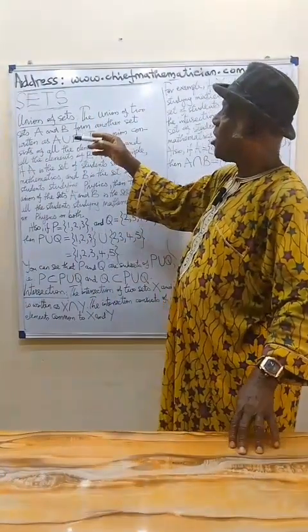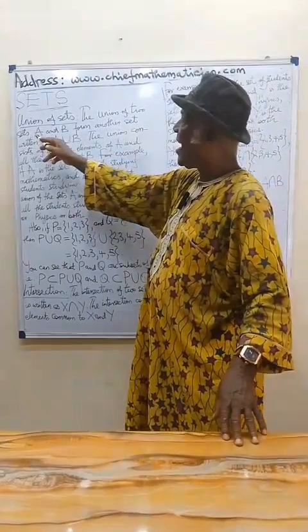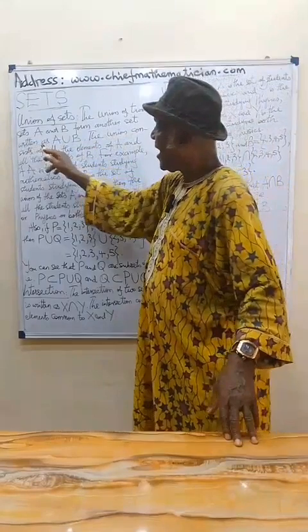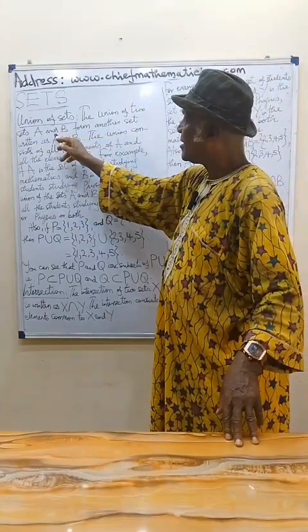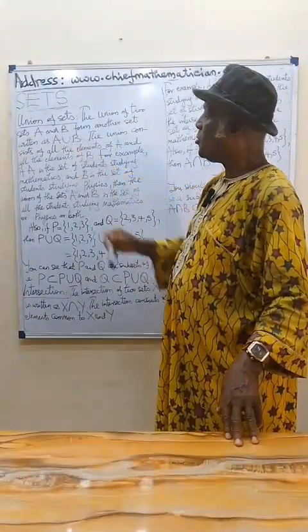Look at the union of sets. The union of two sets A and B forms another set written as A union B. This is set A union set B. This is the symbol for union.